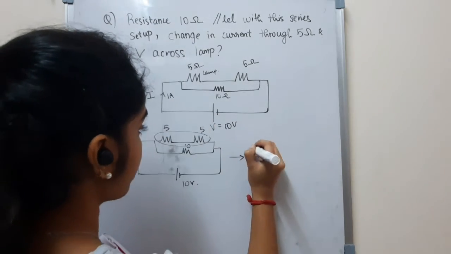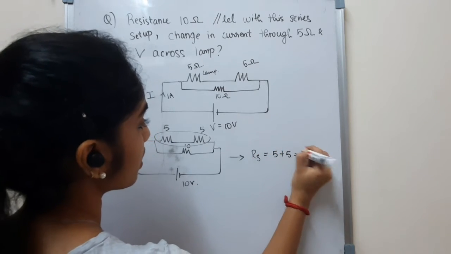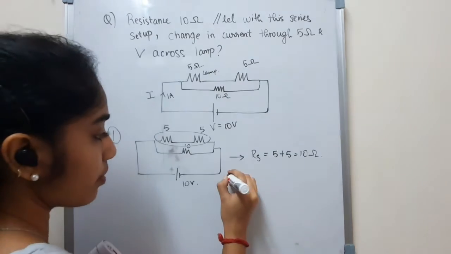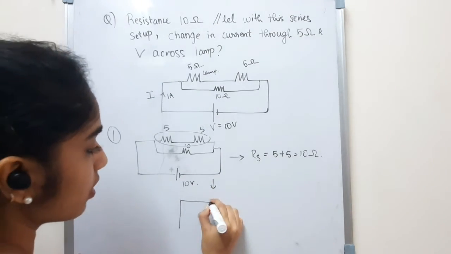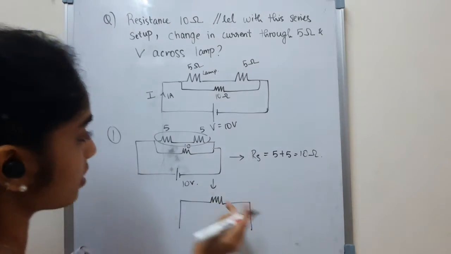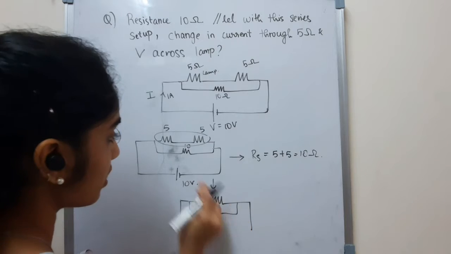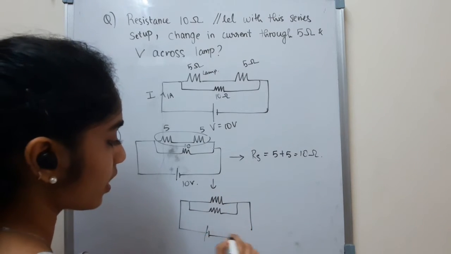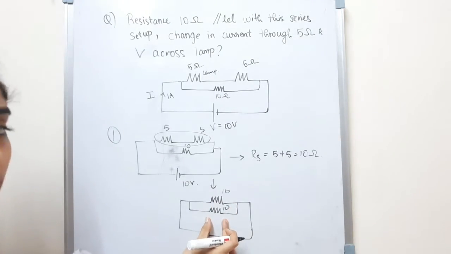So our series is equal to 5 plus 5 is 10 ohms. Just replace these two with a single resistor. And this is still in parallel, right? So 10 and 10. So these two are again in parallel.